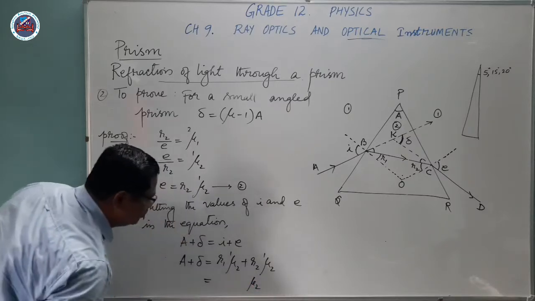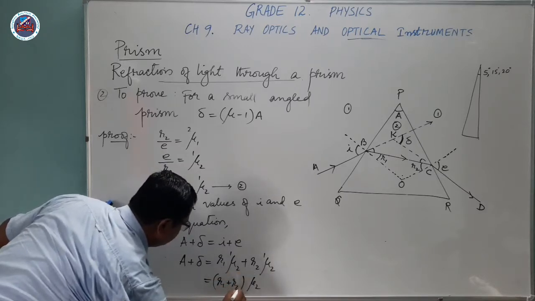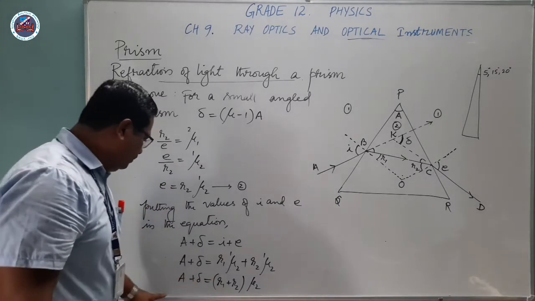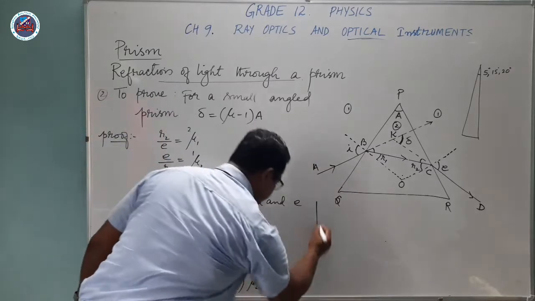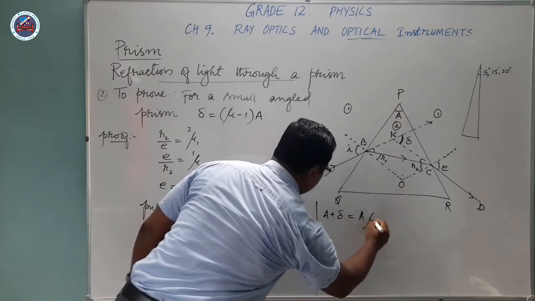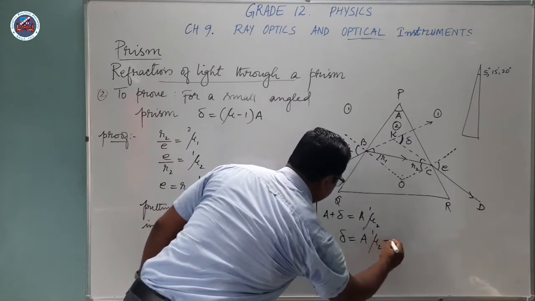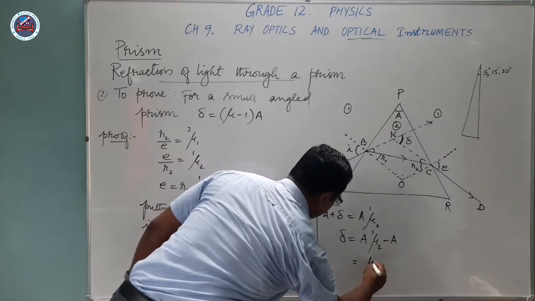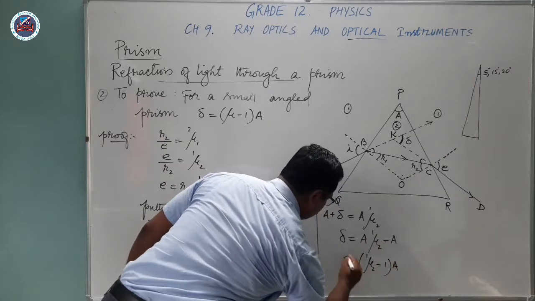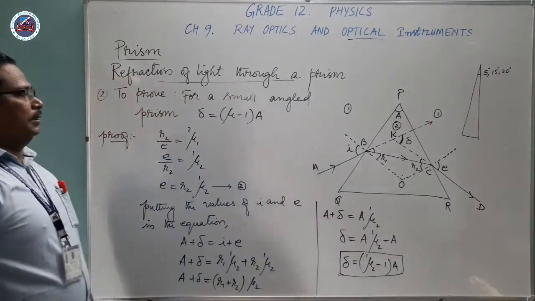If you take the refractive index of the prism common, you will get R1 plus R2. Now R1 plus R2, we know, is equal to the angle of the prism A. So A plus del is equal to A times refractive index of the prism, and del is A times refractive index of the prism minus A, that is, refractive index of the prism minus 1 if you take A common. So like this you can find out the angle of deviation for a small angle prism.